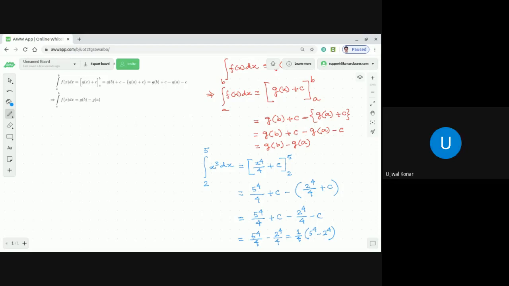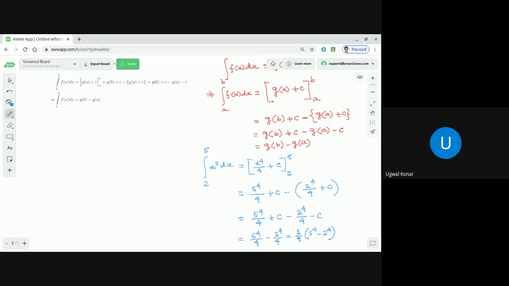Sorry. So what we get is 1 by 4 times 5 power 4 minus 2 power 4. This value is a specific value, a definite value. That is why we call this a definite integration. Clear or not? Absolutely clear?